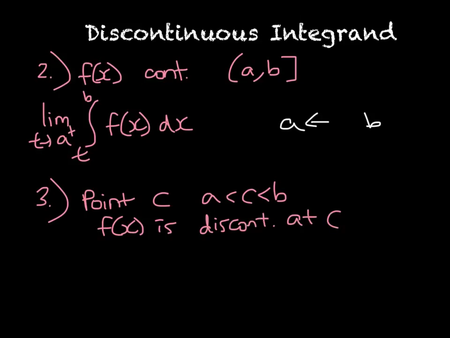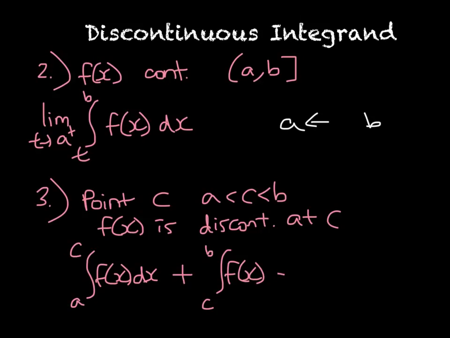Then what we can do to evaluate the integral is just do the integral from a to c, and then the integral from c to b, and just add those together. And so that'll put these two integrals each into a form of one of the first two cases that we just mentioned, and we'll just take the limit as t approaches c from the left or right.